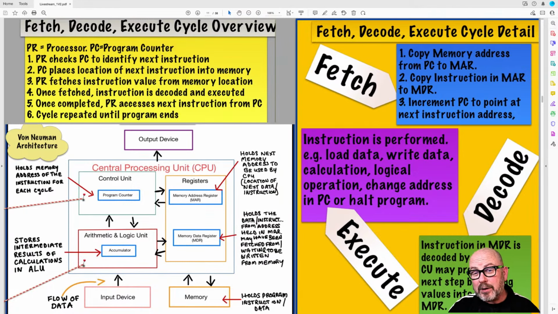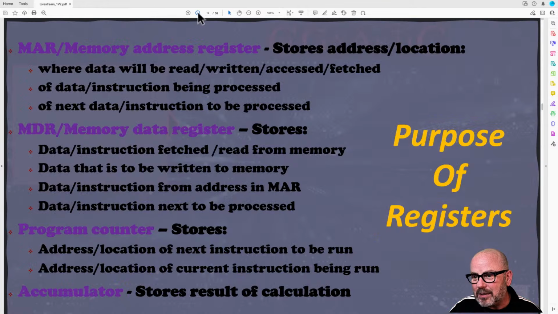I'm going to say something really unhelpful, which is the diagram on here is nothing like this in real life. We just do this to show you the different parts of it. If you zoomed into a CPU, it would look nothing like this at all. But don't worry too much about that. For your purposes, that's what you need to know at this stage.